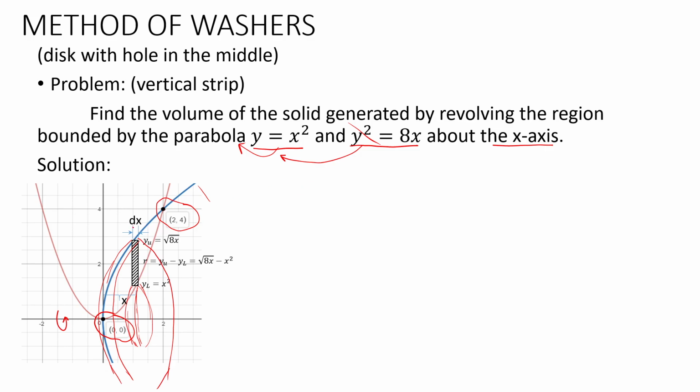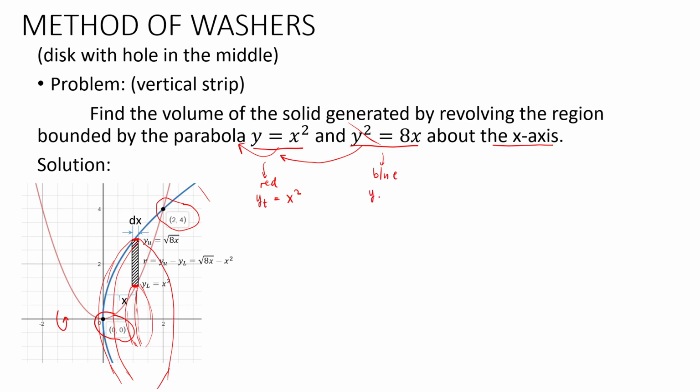Okay? So y top is this portion here, the blue graph. Y bottom is the red graph. So this becomes y top equals x squared.